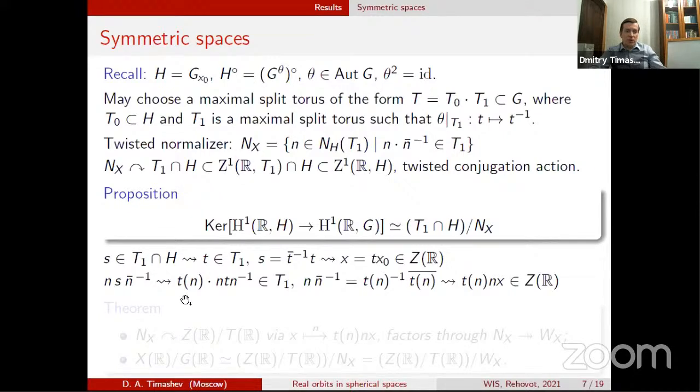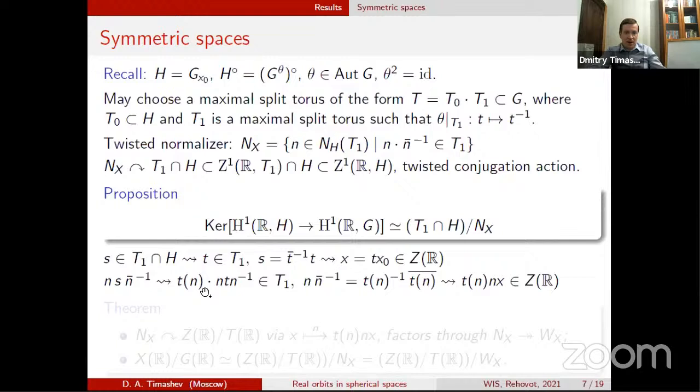And the twisted conjugation action of this twisted normalizer on S amounts to replacing this element T with another element, which I write here. So you act on T by usual conjugation, and you make an additional shift by this torus element T of n, which is defined not uniquely.